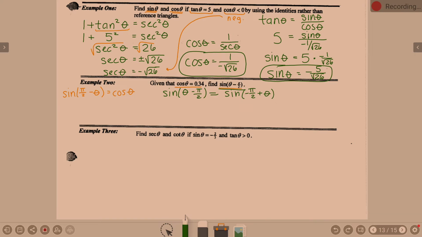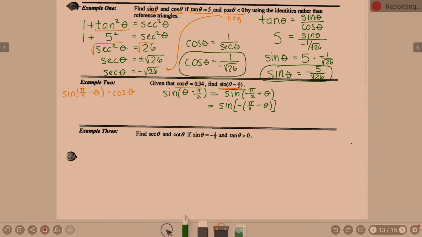Now, we're going to think about factoring a negative out within that parenthesis. When I factor out that negative, there's a positive pi over 2, and then it becomes a minus theta, correct?